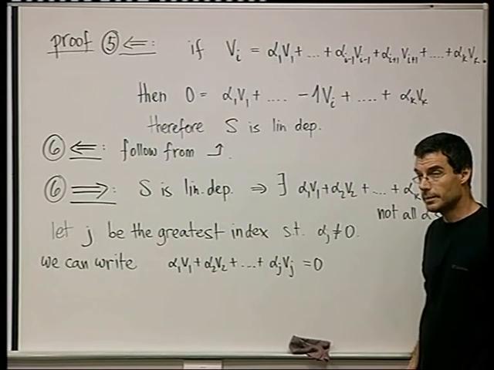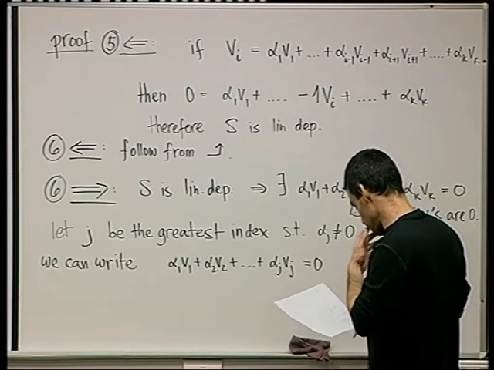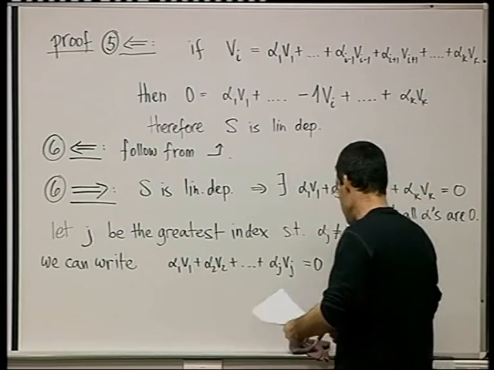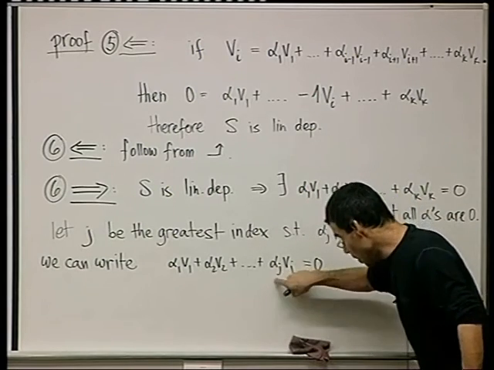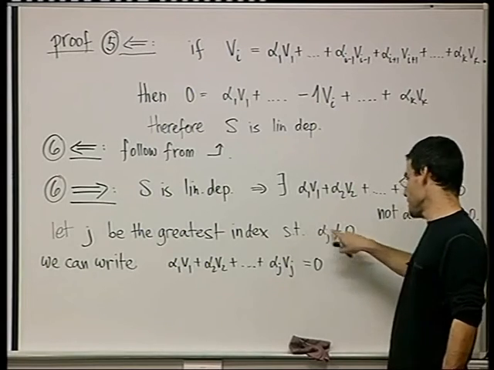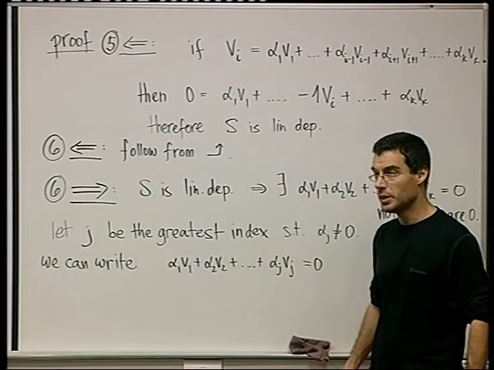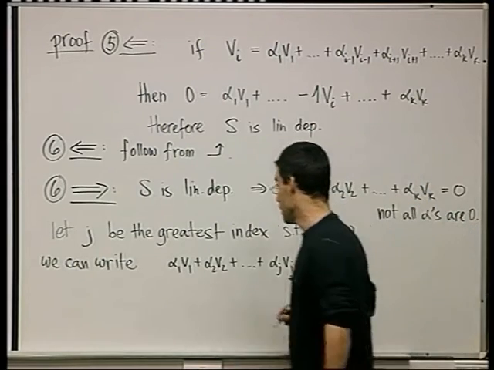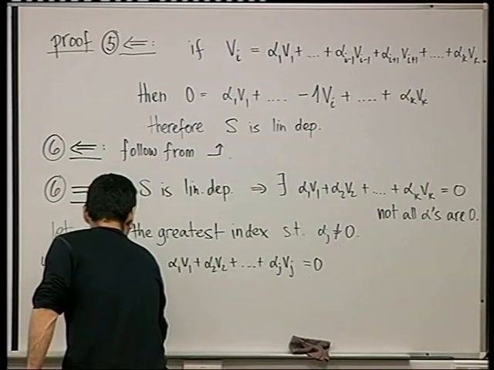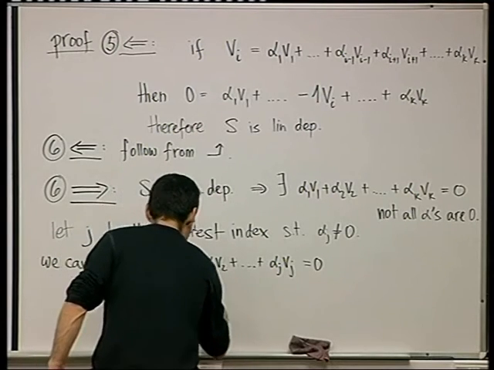Do you agree? Okay. And now, we know that alpha j is not 0. We can move this to this side and divide by minus alpha j, just like we did in the case for 2 vectors.